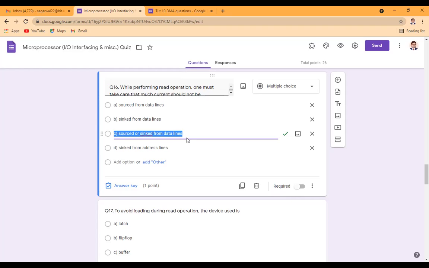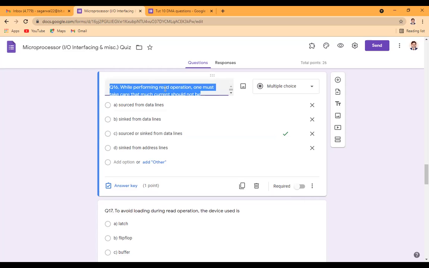So while performing the read operation, one must be very much aware that much current should not be sourced, as well as it should not be sunk from the data lines.